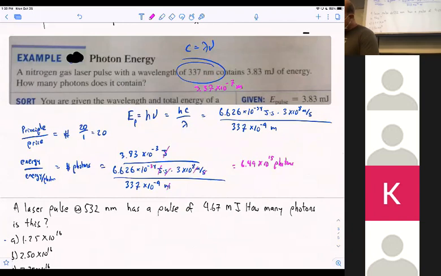Nano just means 10 to the minus 9, so I can write it as 3.37 times 10 to the minus 7, or I can write it as 337 times 10 to the minus 9. I guess 3.37 times 10 to the minus 7 is more proper. But if you put it in your calculator, it'll figure it out.